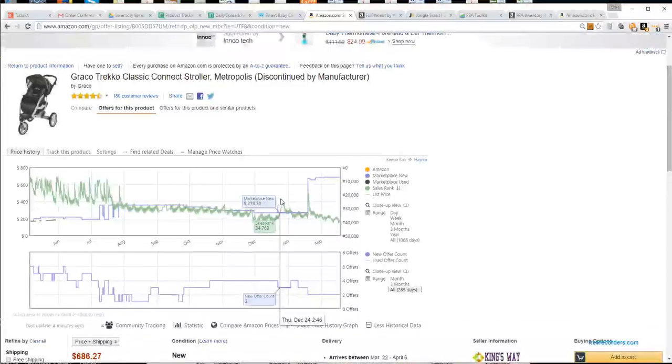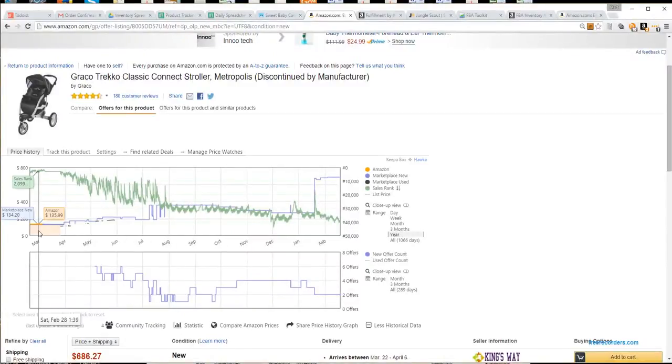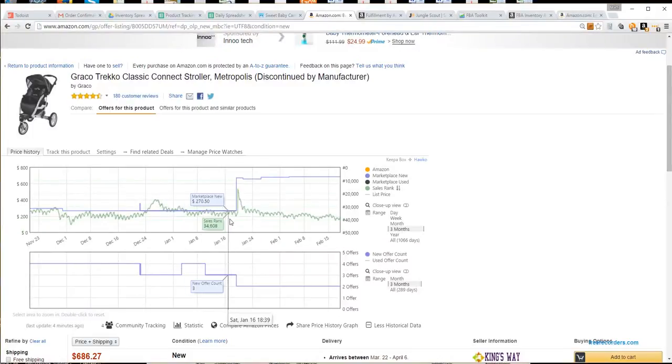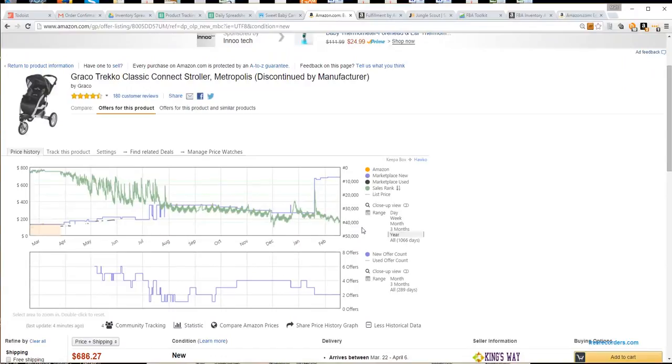I think this is good, because if we look at the year's price, Amazon's been in, but that was a long time ago, and they were in at $136. And look at our last 3 months, it's sort of 270. I look at a year just to make sure that, for example, this is 3 months right here. If all of a sudden the price was really low, I would have to look deeper into that.